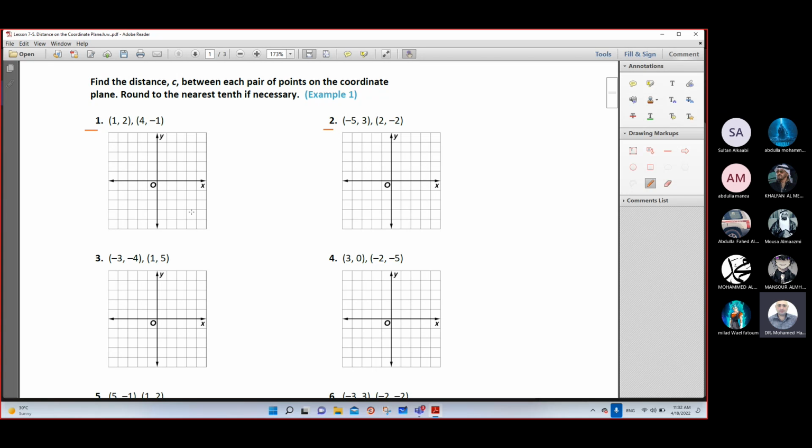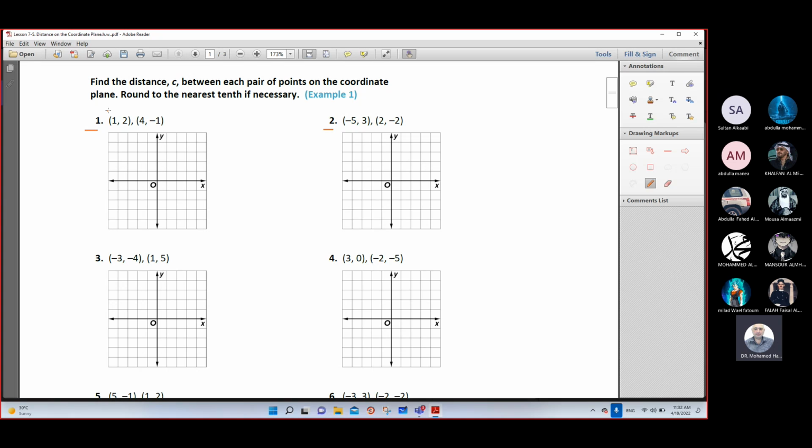As you see, you have a coordinate plane here, and we have 2 points. The first step is to represent the first point. Here we have 1 in x, and 2 in y. So this is 1 here, and this is 2 here. So the first point will be here. Then we have 4 in x.